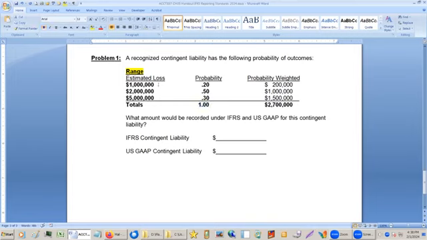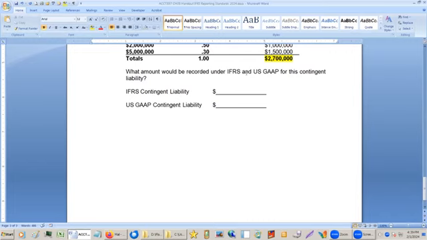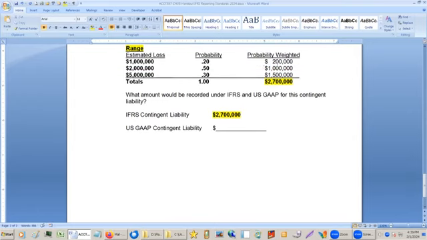Okay, so we'll weight those averages. We weight them out, and 20% of $1 million is 200,000. 50% of that, you get the idea. 30% of that. So international standards would show a weighted average of that.